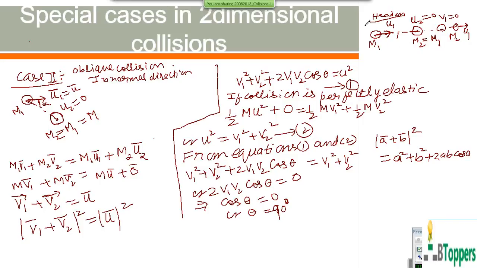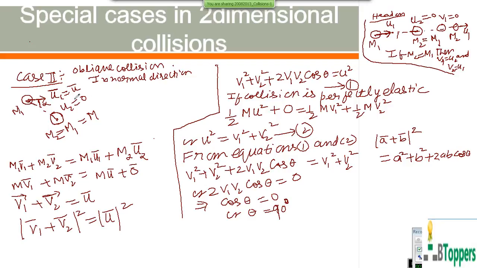In the case of one-dimensional elastic collision, the two colliding bodies have the same mass. Then we write V1 equal to U2 and V2 equal to U1. We discussed this in the past.